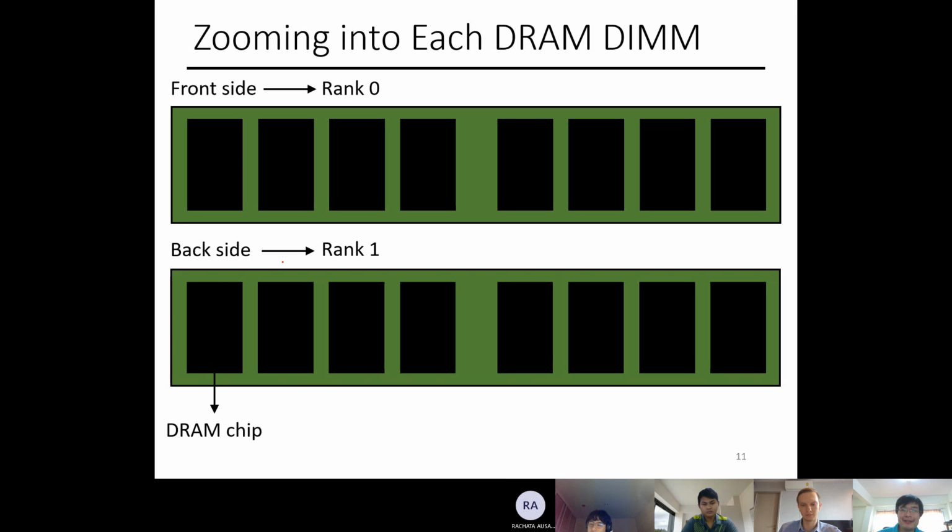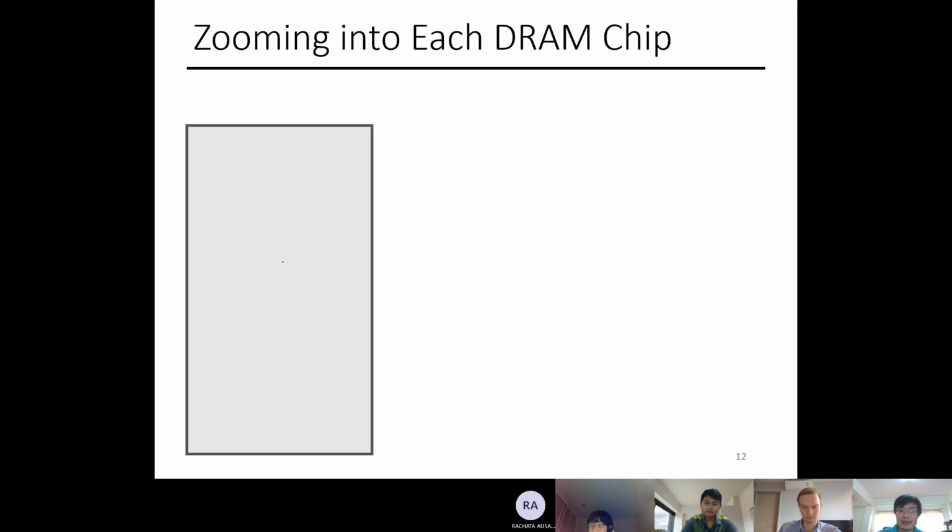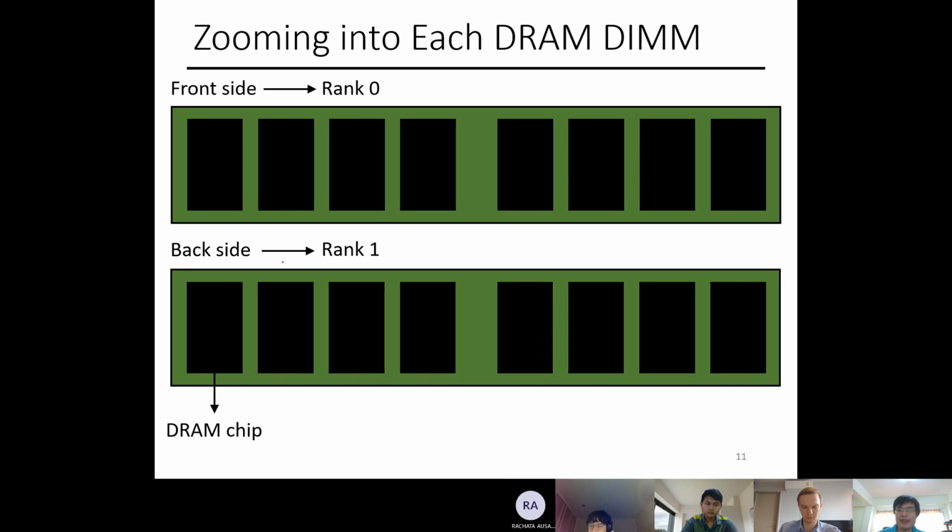This black thing is a chip. And if you zoom in and you want to transfer the data over, let's say the DRAM speed is 2666. How many of you have seen that? DDR4 DRAM 2666. That's one possible specification.